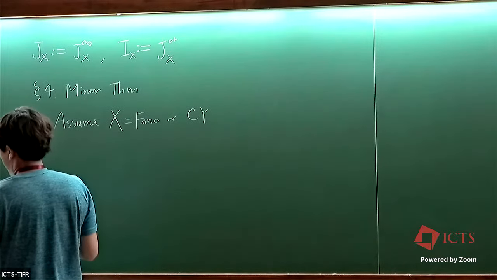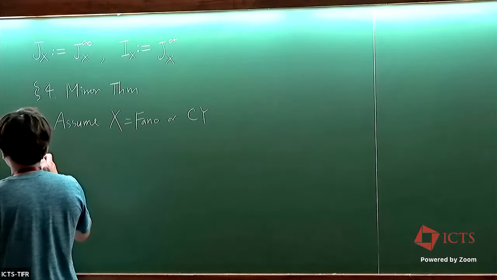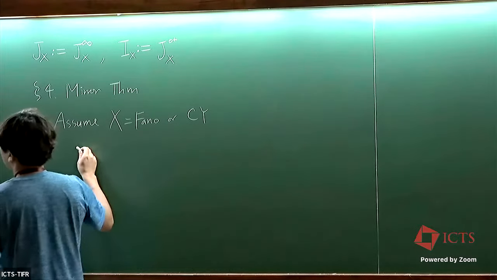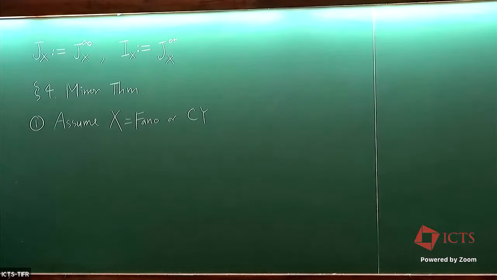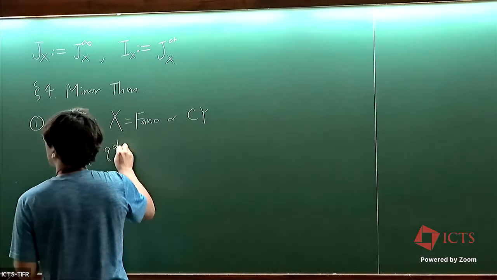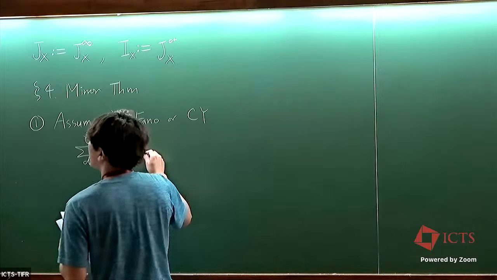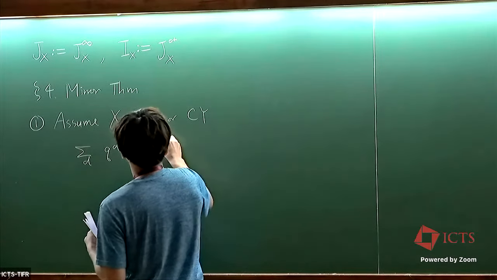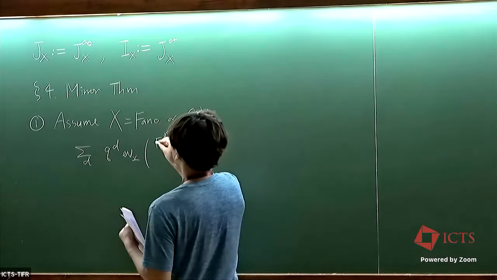So in the epsilon 0 plus case, let's consider this part. That is the degree d and evaluation push forward, and here we consider 0 plus.